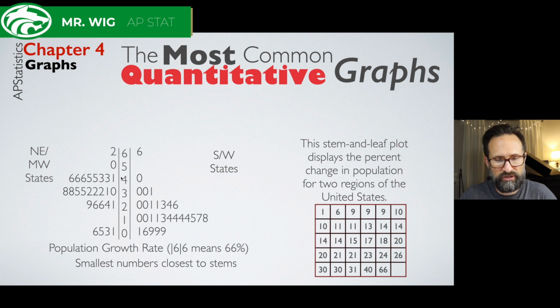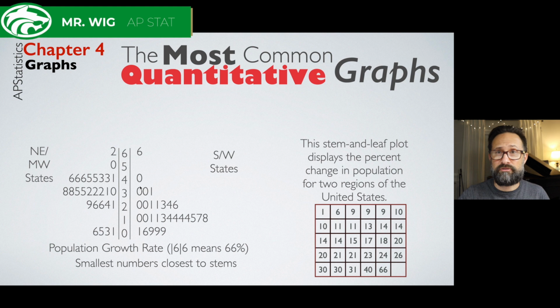This is 43, 43. You can't see this original data, but that's what it would be. So the largest percent in the New England states, the Northeast and Midwest, is 62%, and the bottom one would be also 1%, 3%, 5%, 6%, no 10s at all, and so forth.